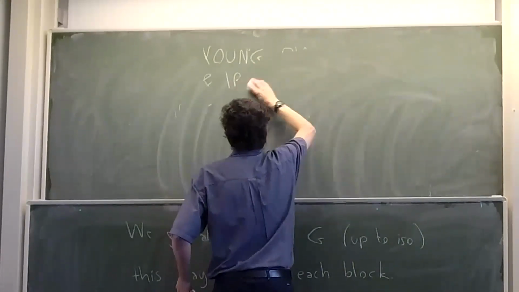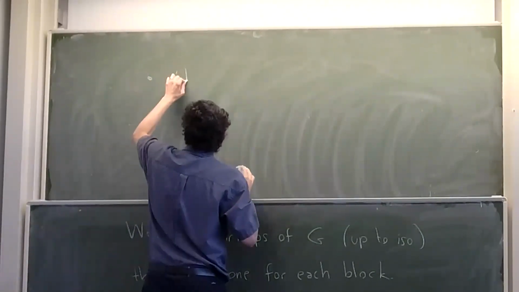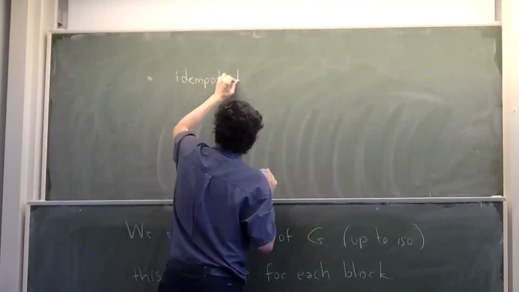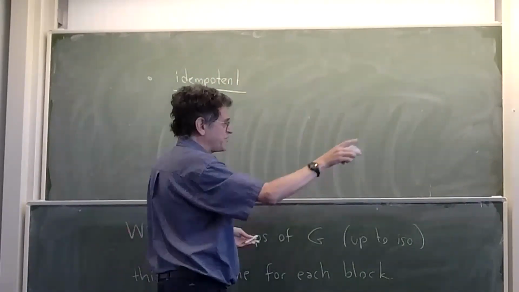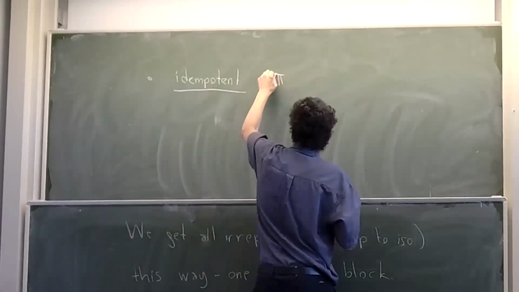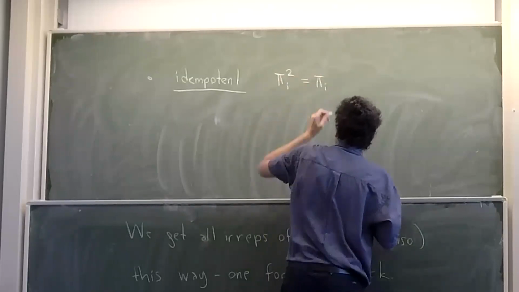So they are idempotents. Let's pretend we've got this list of these minimal idempotents. What idempotent means is that one of these guys, when you square it, you get it back.